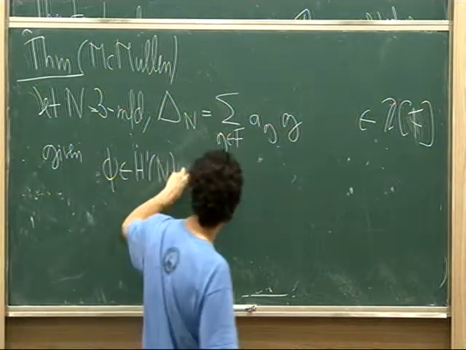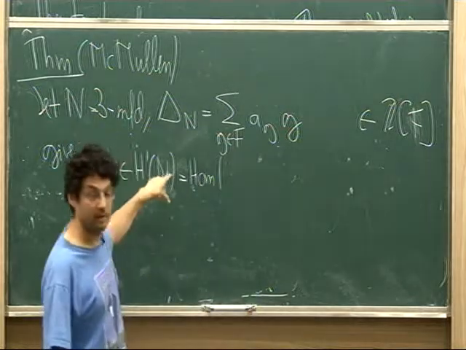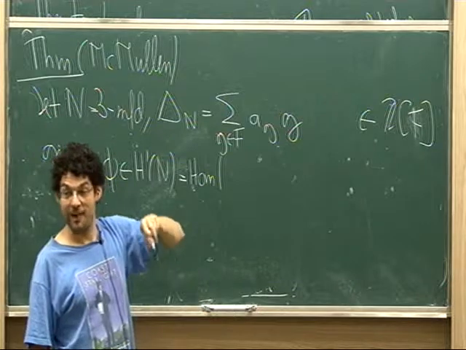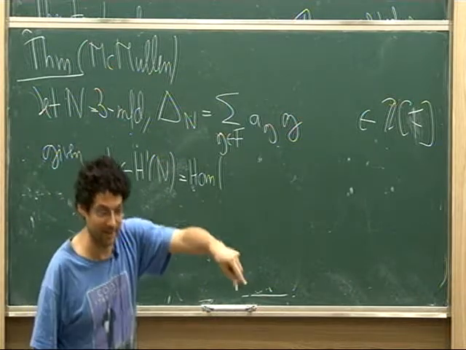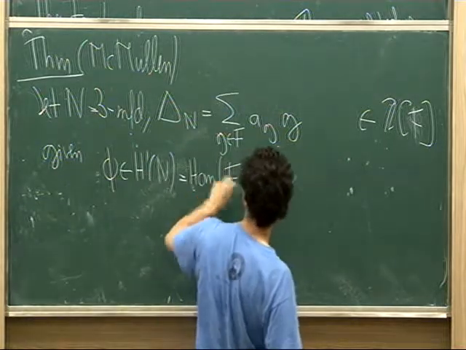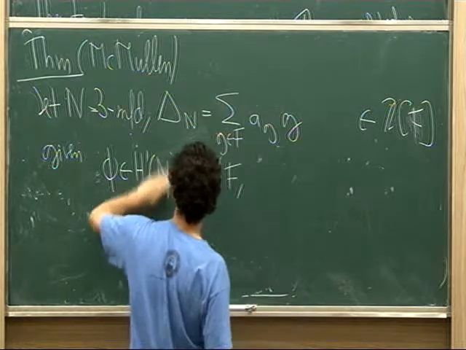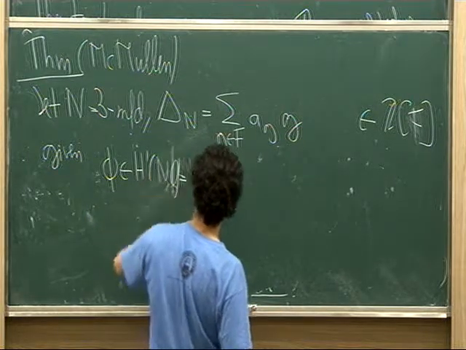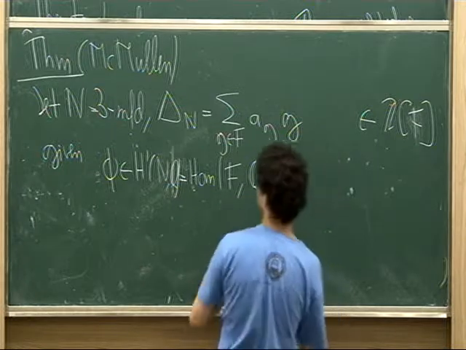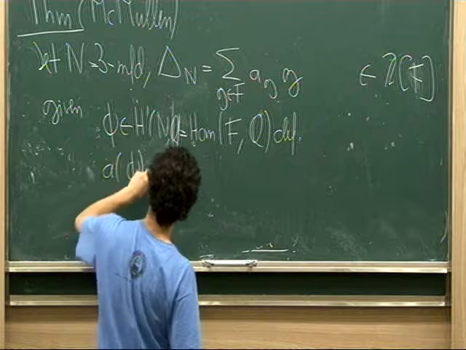One is that it's the same as homomorphisms from H lower 1 of N to Z, but then any map from H lower 1 to Z has to factor through H1 modulo torsion, so that's the same as homomorphisms from F to, actually I want to allow rational coefficients, Q. We define what I call A of phi.